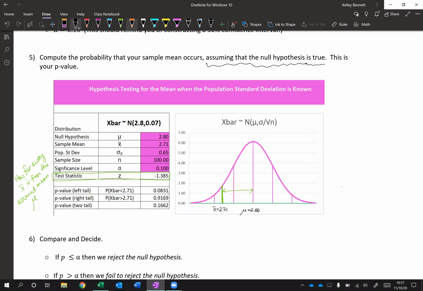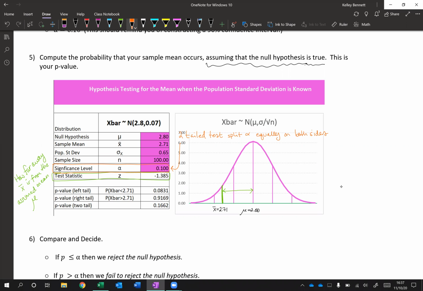And remember that we are doing a two-tailed test. So for a two-tailed test, we want to split alpha equally on both sides.